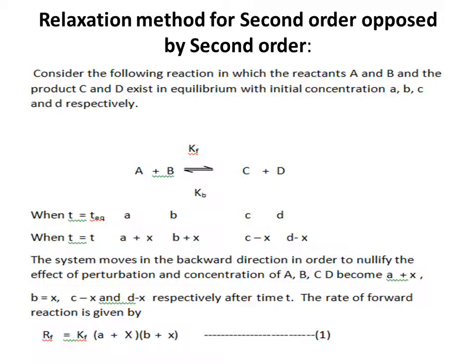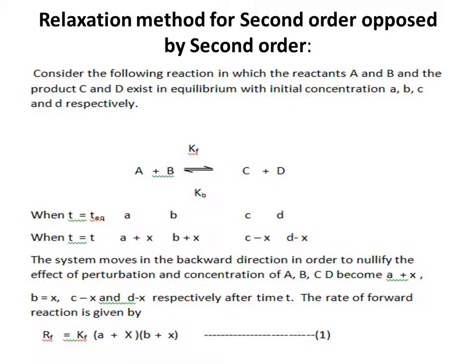When T is equal to T, the concentration of A becomes A plus X and concentration of B becomes B plus X. The concentration of C becomes C minus X and that of D becomes D minus X. The system moves in backward direction in order to nullify the effect of perturbation, and the concentrations of A, B, C, D become A plus X, B plus X, C minus X and D minus X respectively after time t.